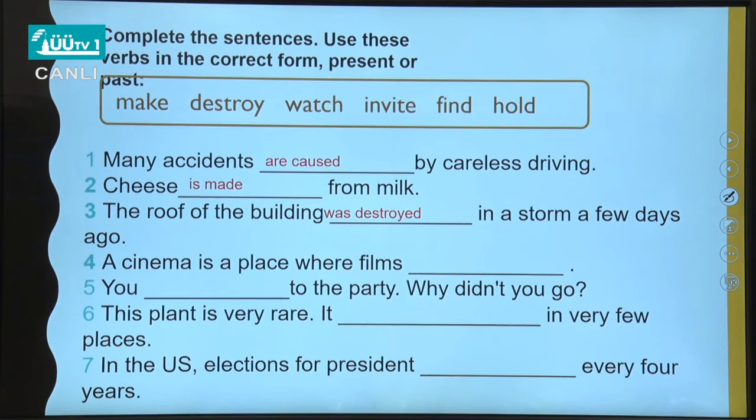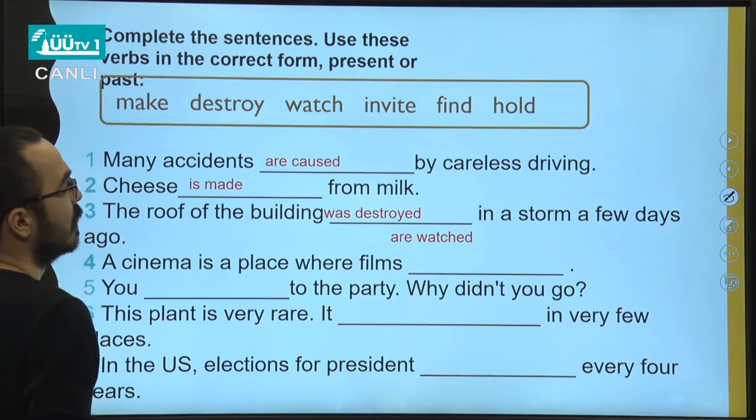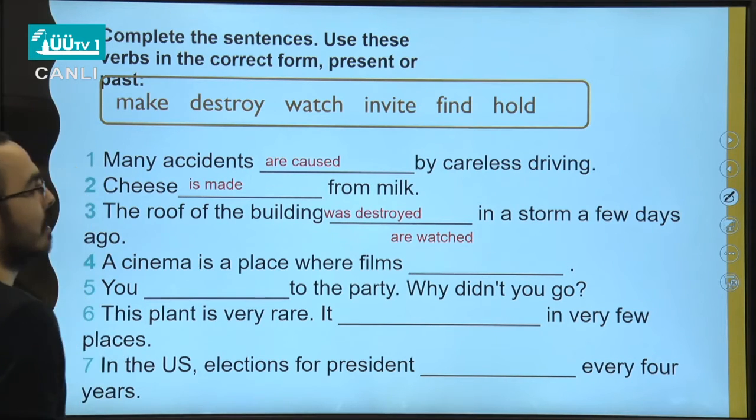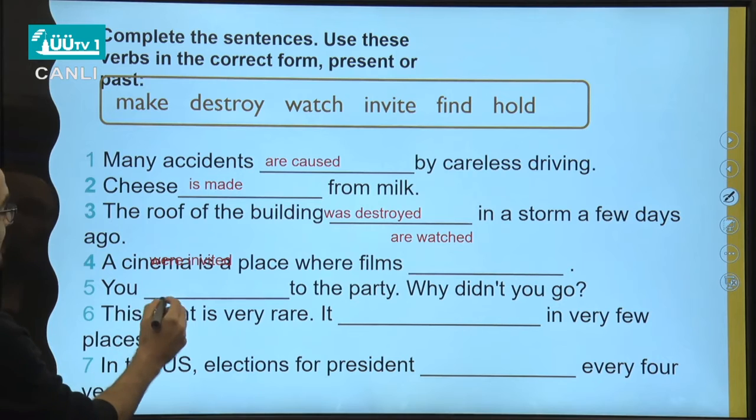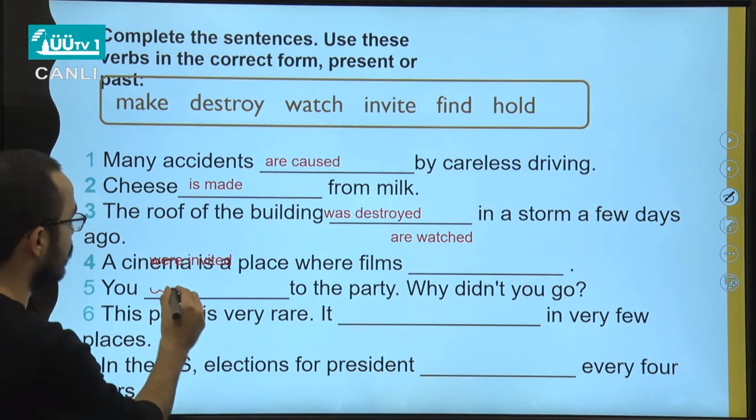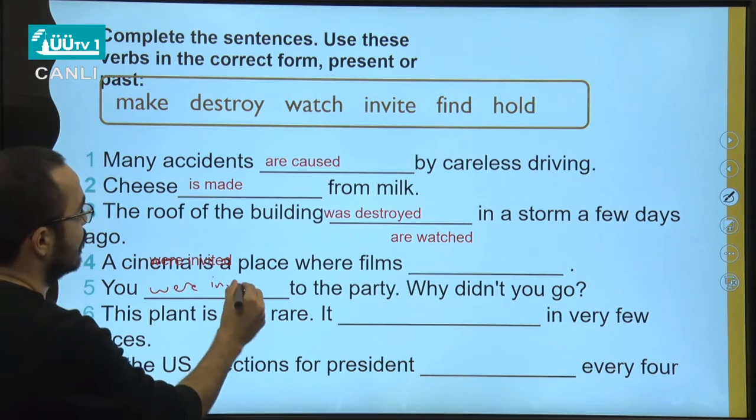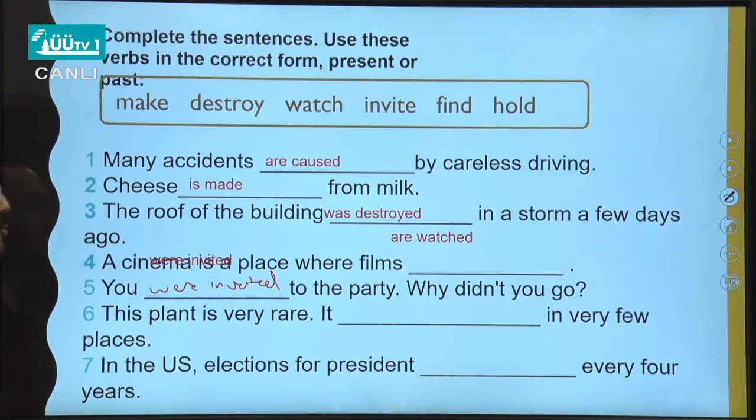A cinema is a place where films, what do we do with the films? Are watched, right, are watched here. So you to the party. Why didn't you go? You were invited. Sorry, this gets a bit wrong here. We were invited to the party.